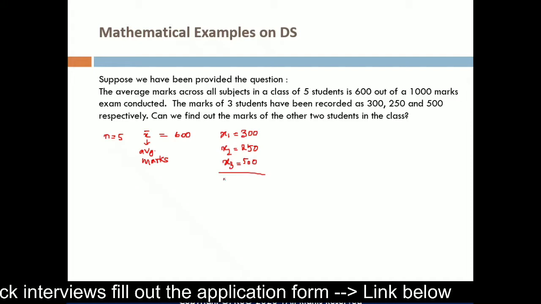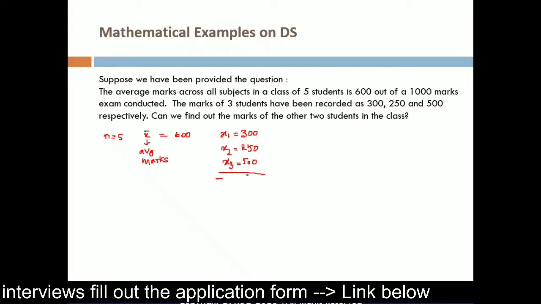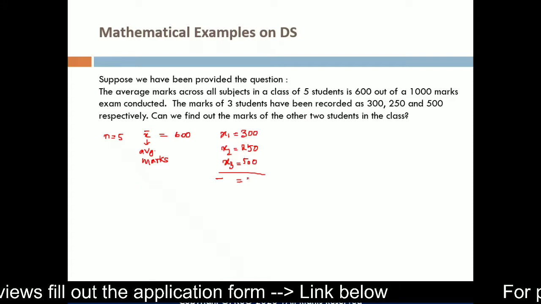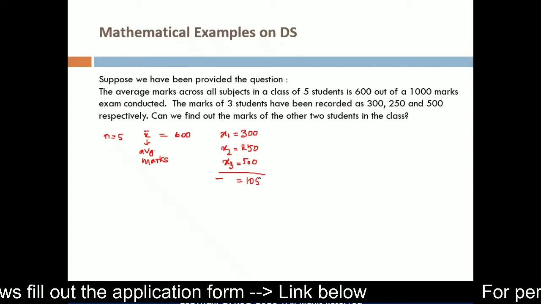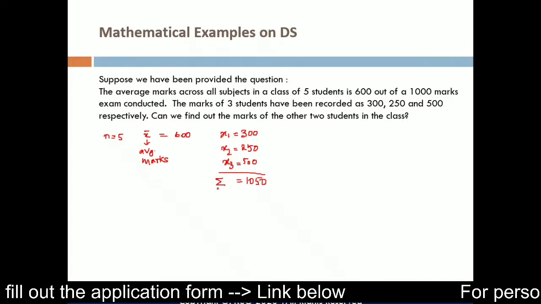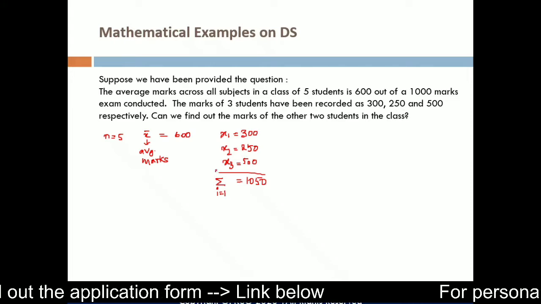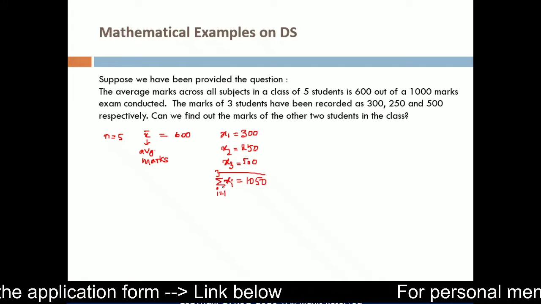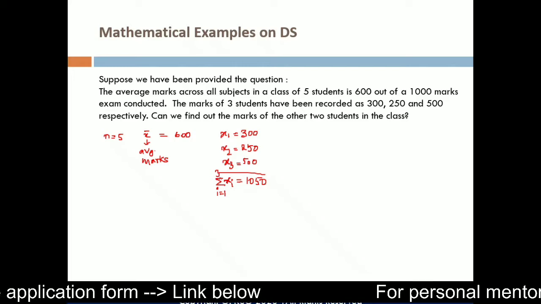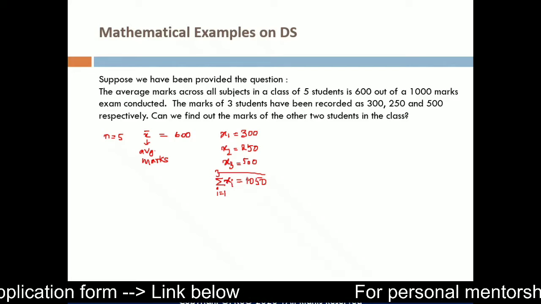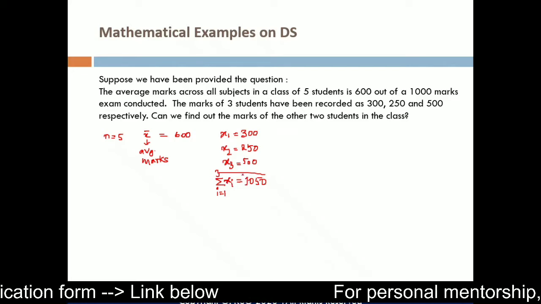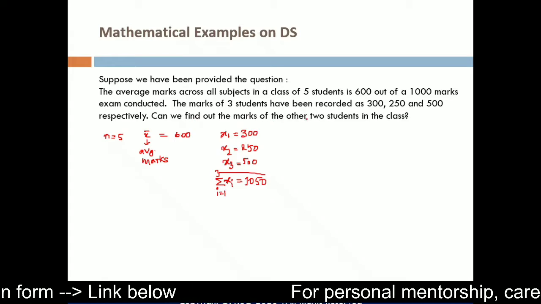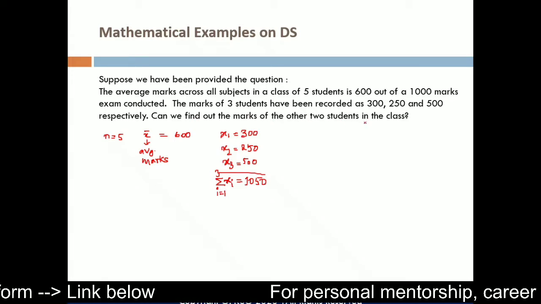Okay, so this adds up to 500 plus 300 is 800, and 250, which is 1050. So this is the sum of the marks of the 3 individuals, which is denoted by the notation sigma i equal to 1 to 3 of xi. The summation of these marks is 1050. So the question here is, can we find out the marks of the other 2 students in the class?